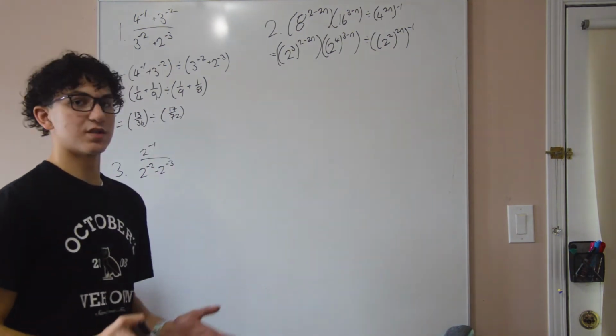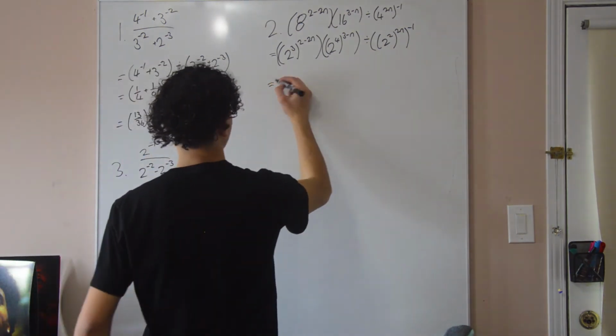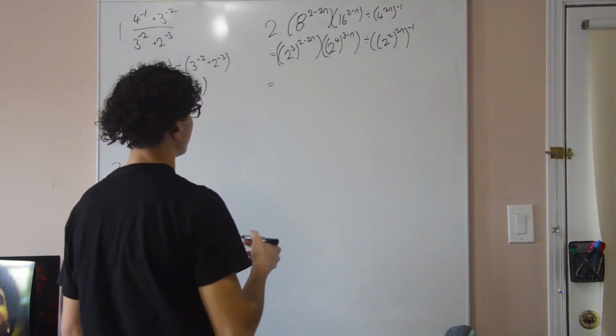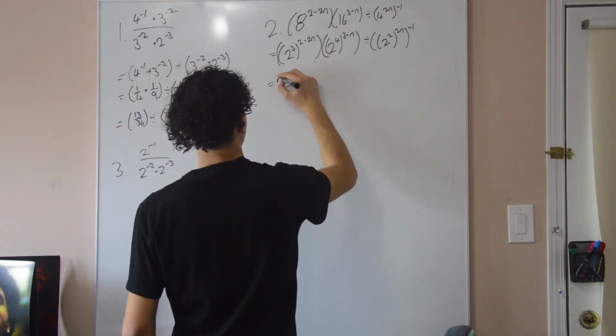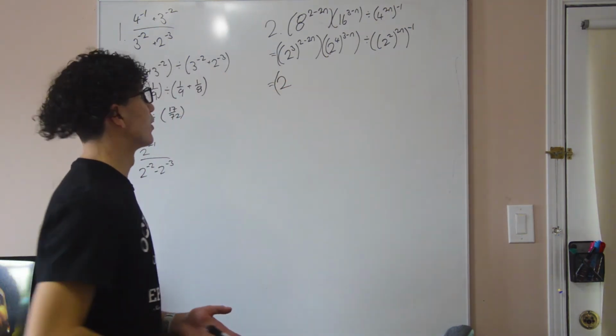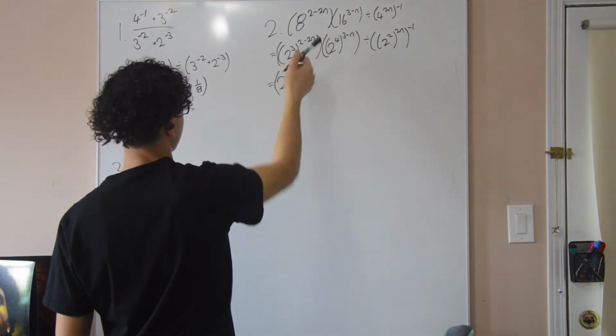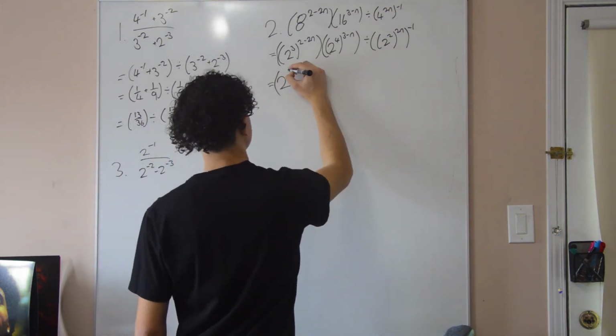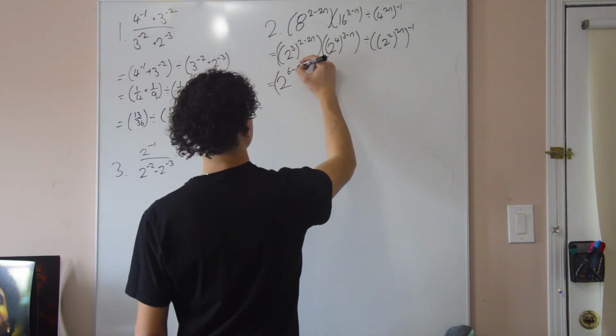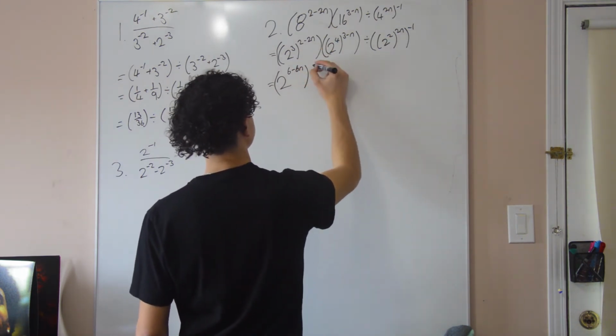And from here, it's just exponent laws. So, exponent to an exponent, we multiply. And don't forget to multiply it all the way through. So in this case, it would be 3 times 2 and 3 times negative 2n. So 3 times 2 is 6 minus 6n.